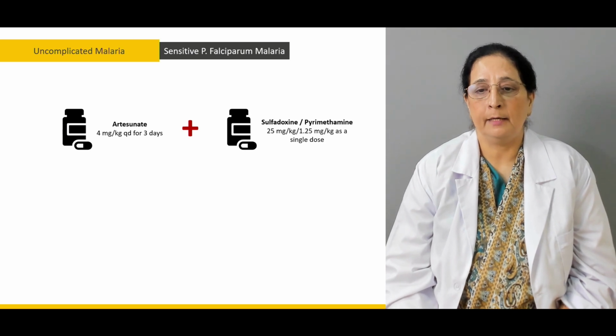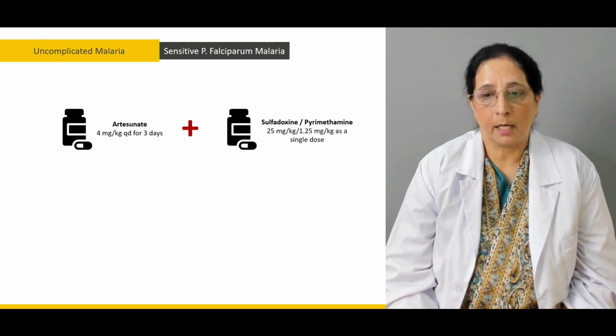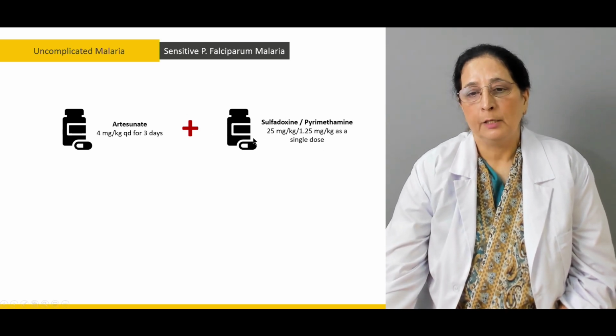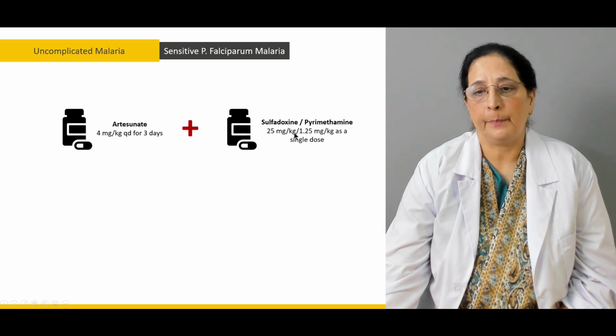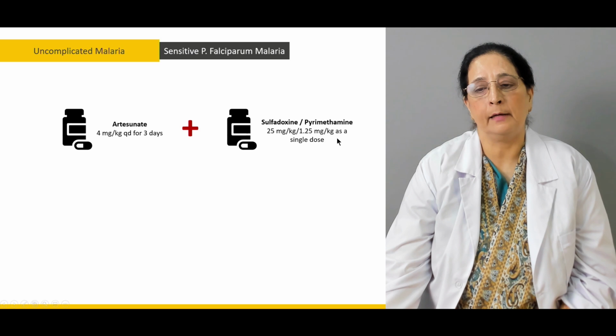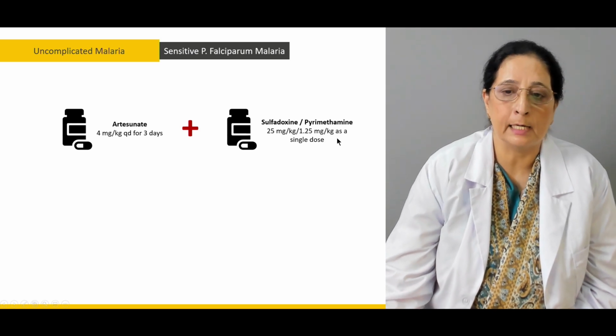Or we can give sulfadoxine and pyrimethamine 25 milligram per kilogram or 1.25 milligram per kilogram as a single dose.